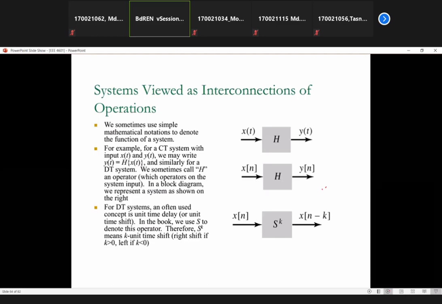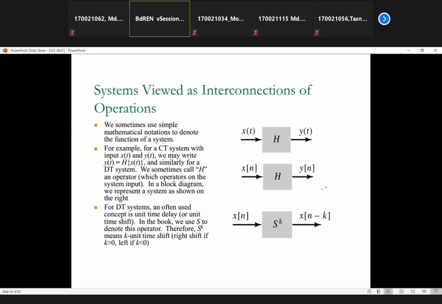Mathematically, your system is actually operating on a signal to give you the desired output, isn't it? That operation may be simple or it can be complicated. It needs arithmetic, it needs logic. All operations could be there in that system. Your system can have a single component or multiple components connected in different topologies.